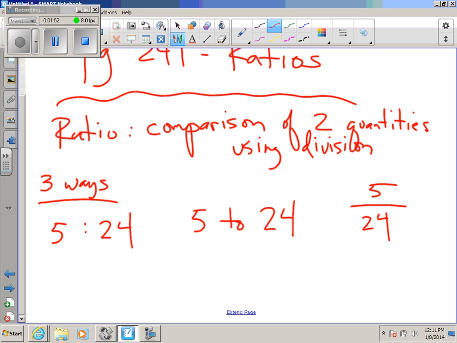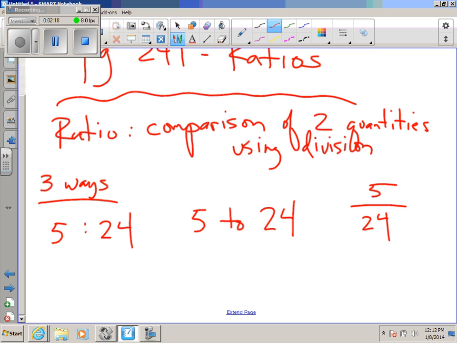No. Because you're comparing two different quantities. A fraction most of the time is dealing with just one value, one quantity. So when you simplify these, you'll have to make sure that you have two values remaining. We'll get to what that looks like and what that means.